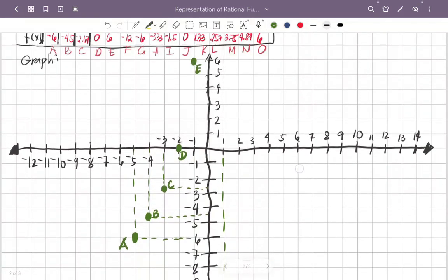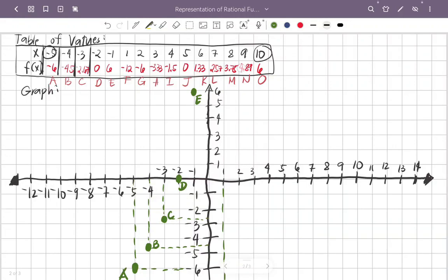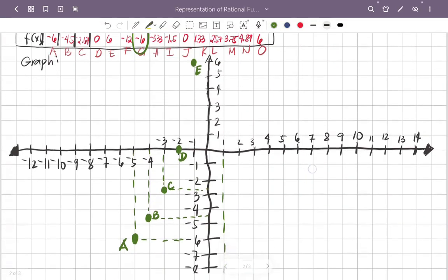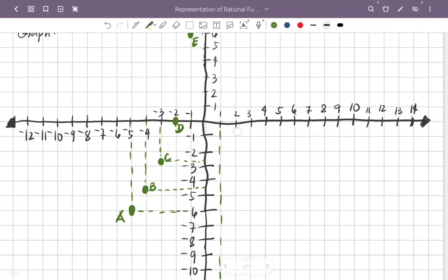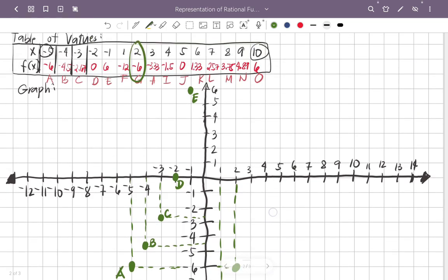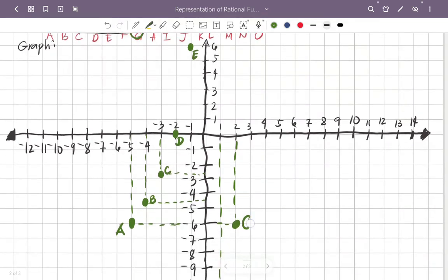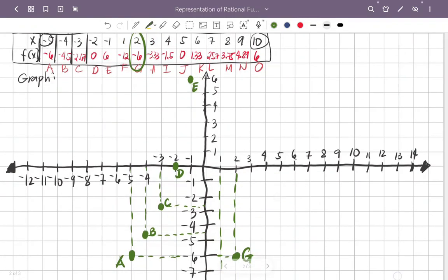Now let's proceed to G. Ini sila 2 and negative 6. 2, this is 2. Negative 6 stops here. 1 is a negative 6. So this is letter G. H is 3 and negative 3.33.